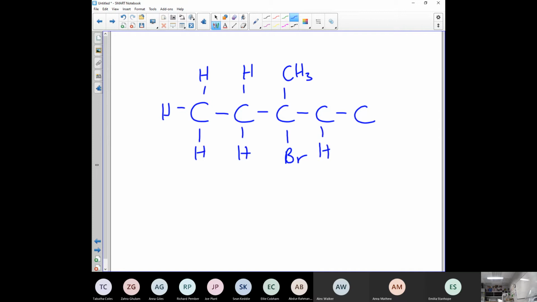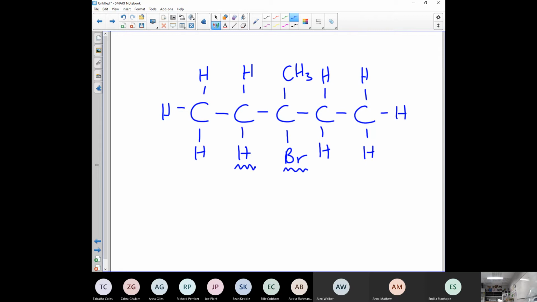Don't forget your hydrogens. Right, so some of you can probably read 3-bromo-3-methylpentane and know exactly what it is straight away. If you have to draw it out, just draw it out to know what you're going to get. So that's what I'm going to try and make. That means that for the double bond that was broken, I'm going to add a hydrogen over on the 2nd carbon, and that means that the bromine is going to have to jump onto the 3rd carbon.